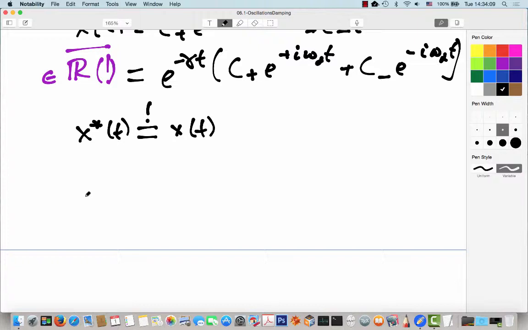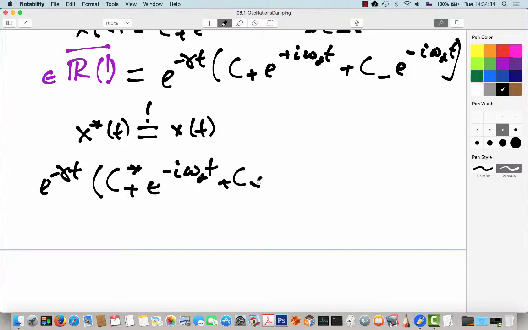All right, so let's go ahead and do that then. So we're going to have e to the minus gamma t, that's real, so I don't have to conjugate that. C plus, I do have to conjugate that. Star, the conjugate of e to the plus I omega d t is e to the minus I omega d t.